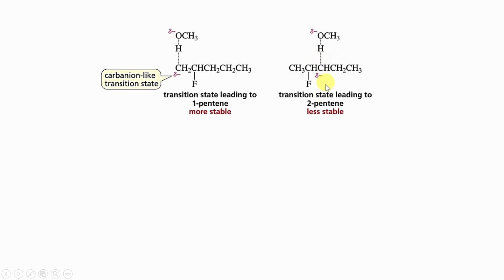So the transition state leading to 1-pentene is more stable, and hence 1-pentene is obtained as the major product rather than 2-pentene, because the transition state leading to 2-pentene is less stable as the carbanion is secondary.